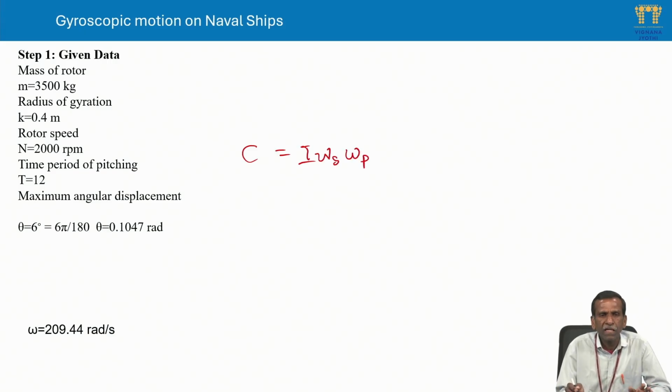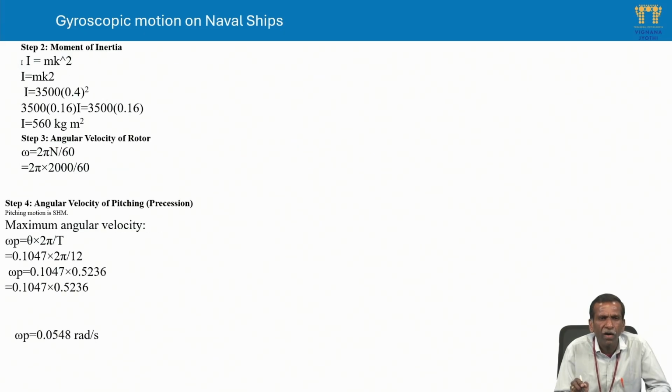Once you calculate these numerical values, which are also mentioned here, you can see omega s is 209.44 radians per second, and the mass moment of inertia is also calculated as 560 kg meter square.